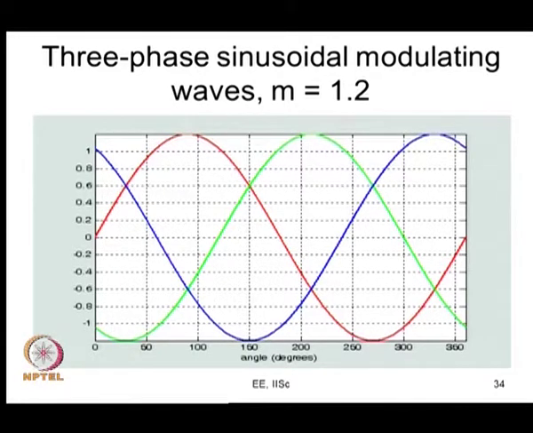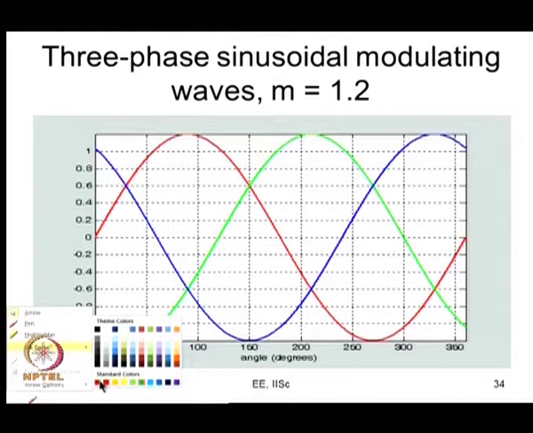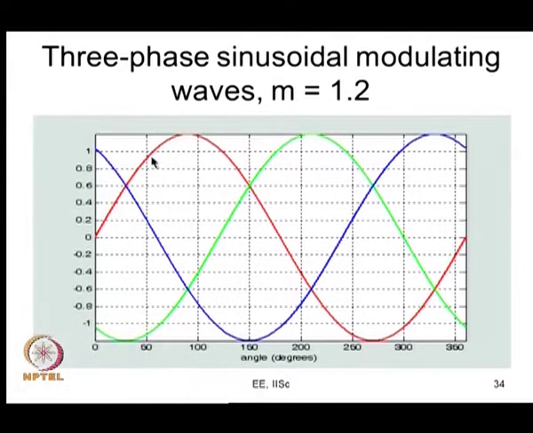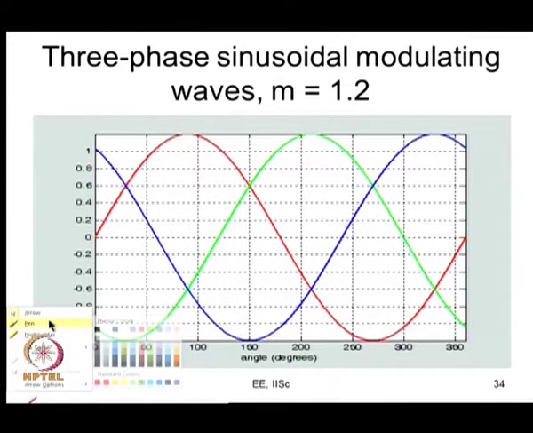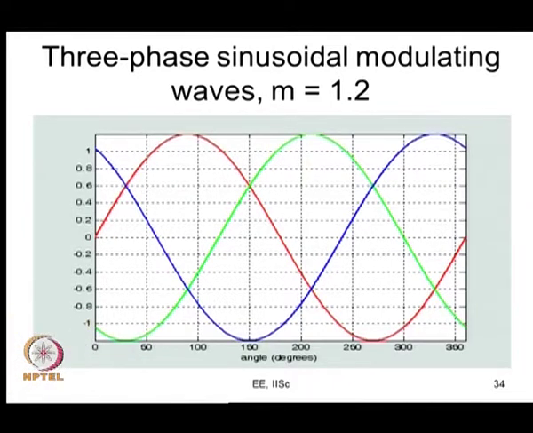So, when I have taken 1.2, R phase goes above the signal peak value. Let me just draw some lines there, so where does R phase go above the peak? In this region R phase is above, and in this region you can see partly this Y phase is also lower than minus 1.